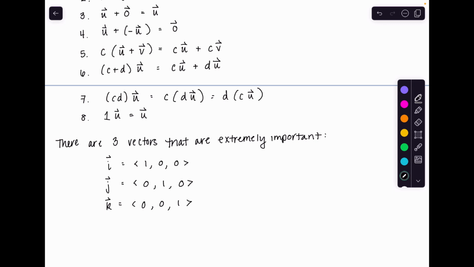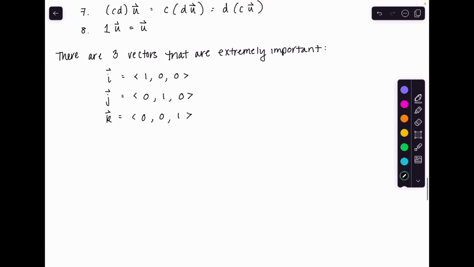The reason that these are super important to us is because there's something called a basis vector. And what that means is they're going to be able to be used to write every other vector in that space. You can also have different basis vectors, but these are the most common simplistic ones. So these specifically are called the standard basis vectors.